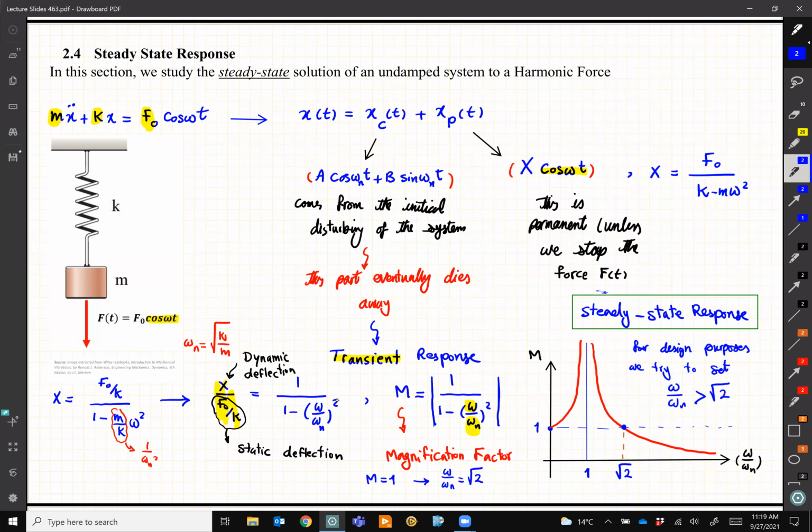Maybe we don't have control over omega. Maybe that's the speed of, let's say, a washing machine, or the speed of a motor rotating. So we don't have any control over omega, but we have control over omega n. Sometimes maybe we can add extra mass, reduce mass, or sometimes we can change the stiffness. So by a slight difference in omega n, the whole story changed.